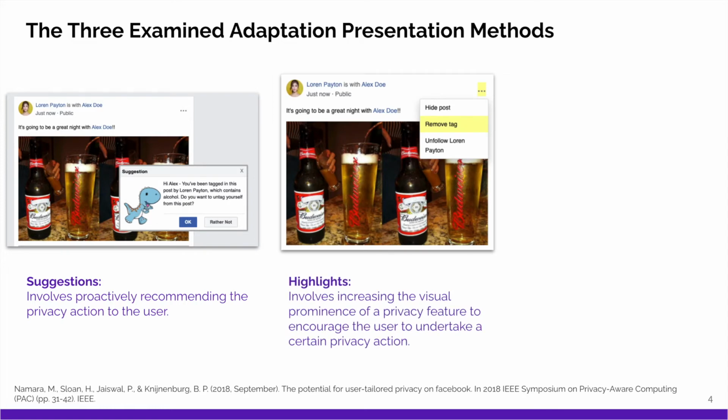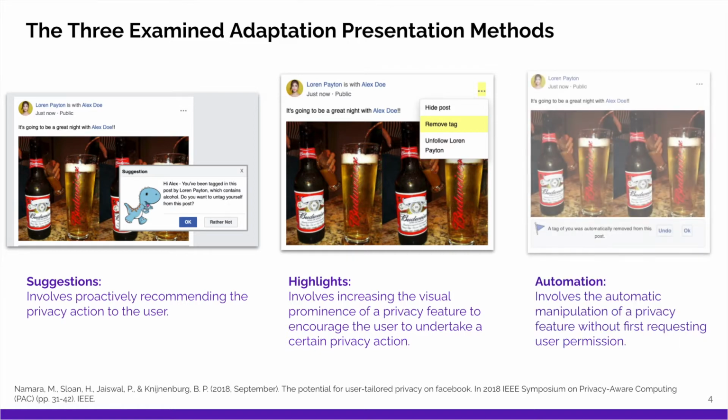Or we can increase the visual prominence of a privacy feature to encourage the user to undertake a certain privacy action. Or, on the other hand, we can automate, which is basically automatically applying the action of the privacy feature without first requesting user permission, and just informing the user of the action that has been taken on their behalf by the system.